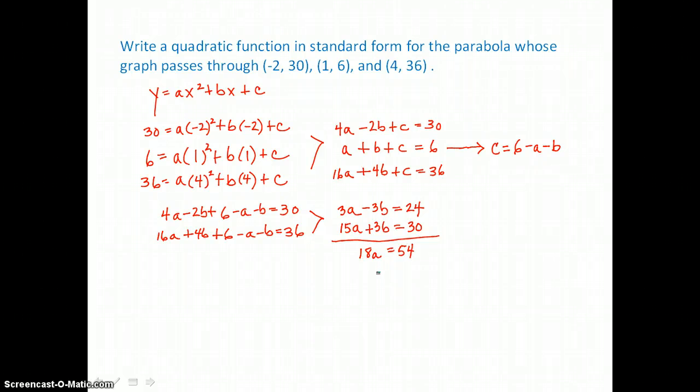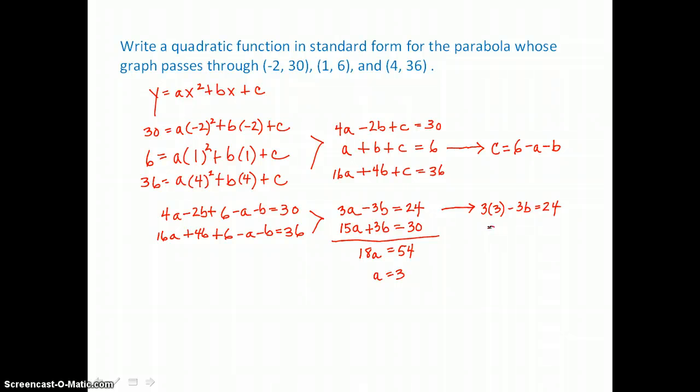And now if I divide both sides by 18, I find out that a is equal to 3. 3 times 18 is 54. Okay, now that I know a is equal to 3, I'll go back to either equation in this system of two equations, two unknowns, to solve for b. I'll choose the first one. So I have 3 times a, which is now 3, minus 3b equals 24.